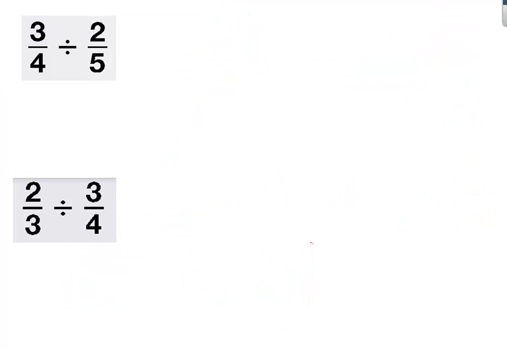So let's look at this. Like I say, the biggest mistake students make is they don't know which is the dividend and which is the divisor. So 3/4 divided by 2/5. Our divisor is the 2/5. So we're going to take 3/4, and we can't divide it by 2/5, so we're going to multiply it by the reciprocal of 2/5, which is 5/2.